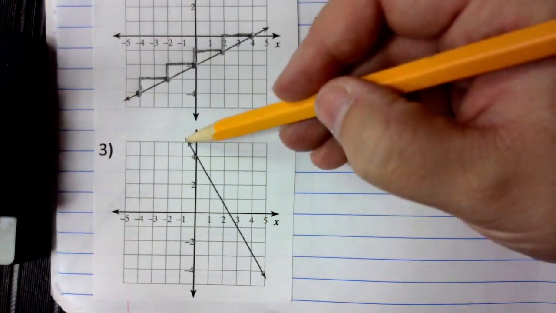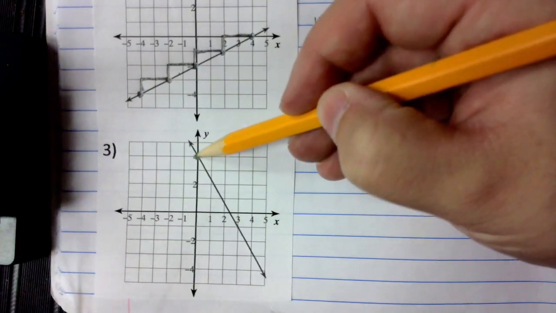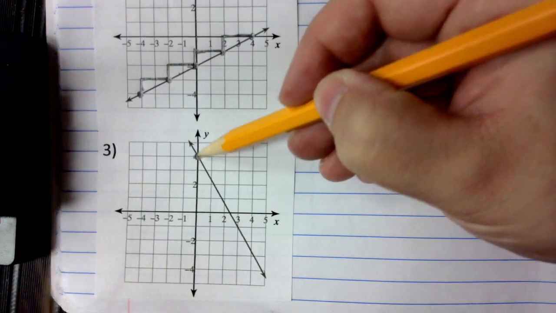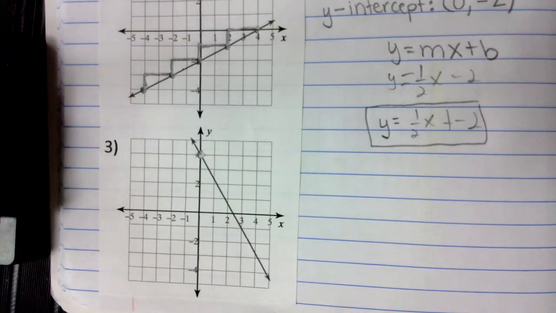Good, 3, -1. That's a good ordered pair. It goes right 3, down 1 from the origin. Are there any other points on this graph? No, so this one we can't really check our work. We're just going to do our rise and our run and say, yep, we got it.